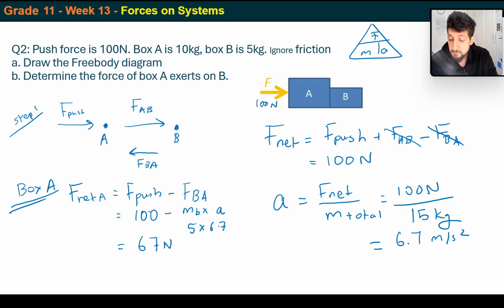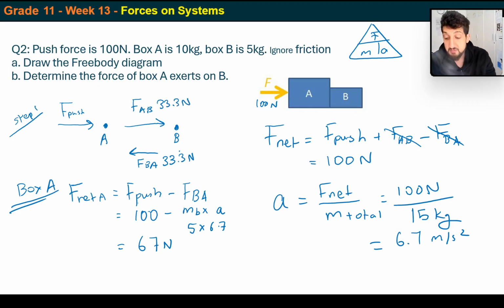That's about 67 newtons. Sorry, that's the net force on box A. That's not the answer. That's 100 minus that, which is 67. So what I've just worked out was the net force on A, but I also know that FBA is equal to 5 times 6.7, which is 33.3 newtons, and so likewise FAB is 33.3 newtons.